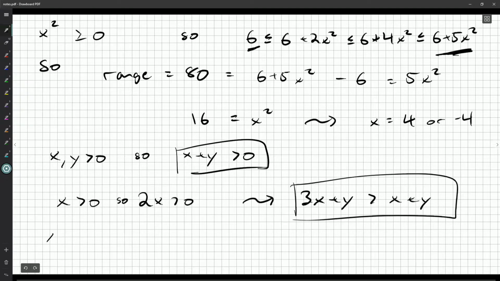Finally, we know x and y are greater than 0. So 2x is greater than 0 and 2y is greater than 0.